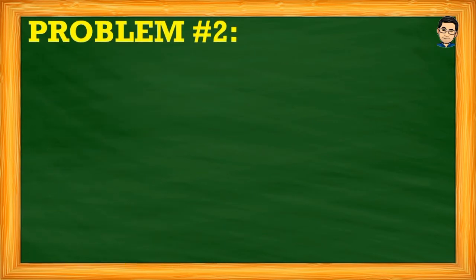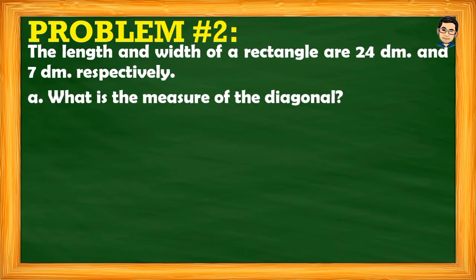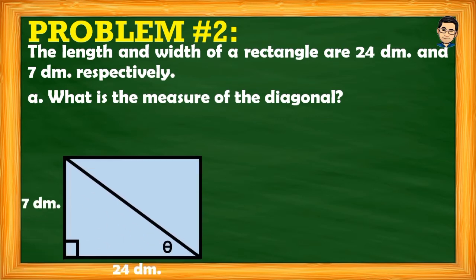So let's have problem number 2. The length and width of a rectangle are 24 decimeters and 7 decimeters respectively. For question letter A, what is the measure of the diagonal? Here is our illustration so you can see which is the length and width.